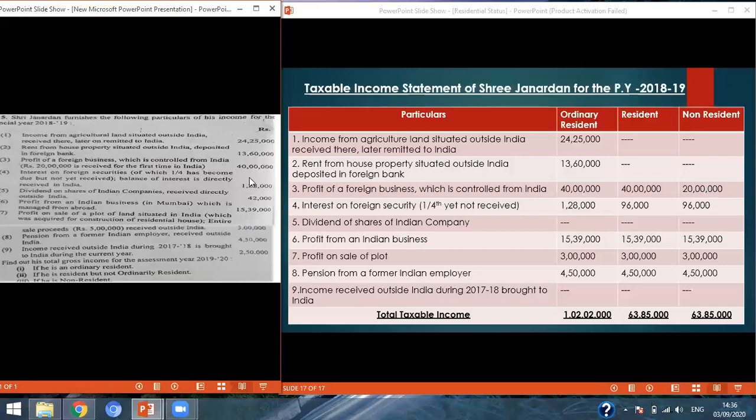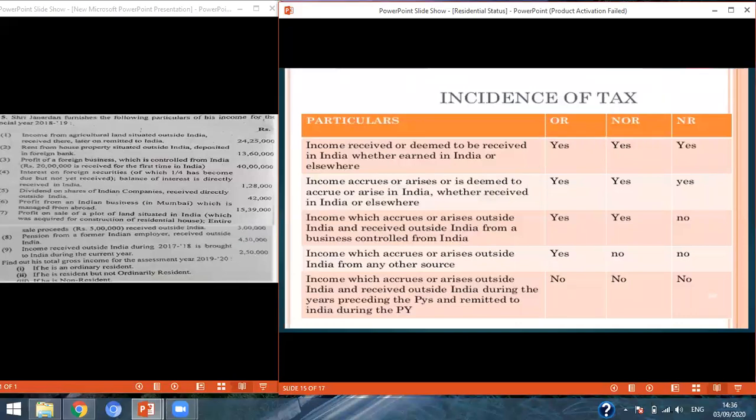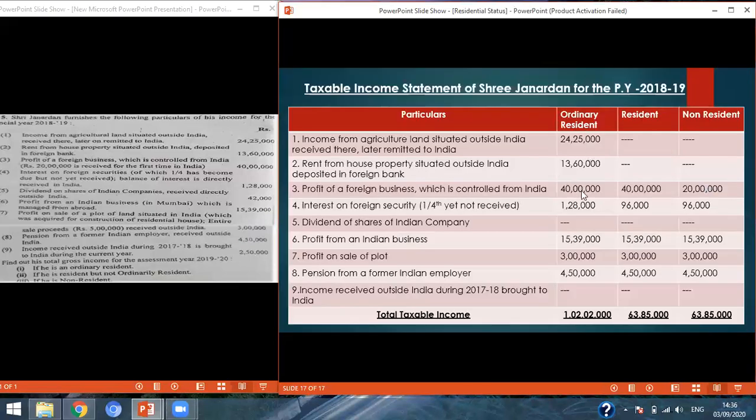But here the income is 40 lakh. And it is told that it is profit of a foreign business which is controlled from India. We know that any business which we control from India is taxable for ordinary resident and resident both. So this 40 lakh total amount will be taxable for both.